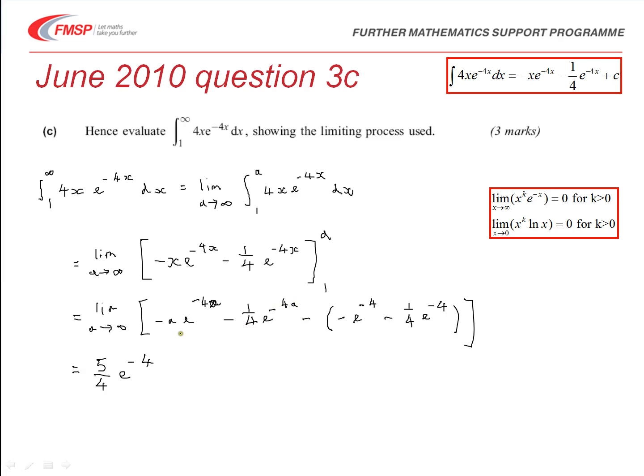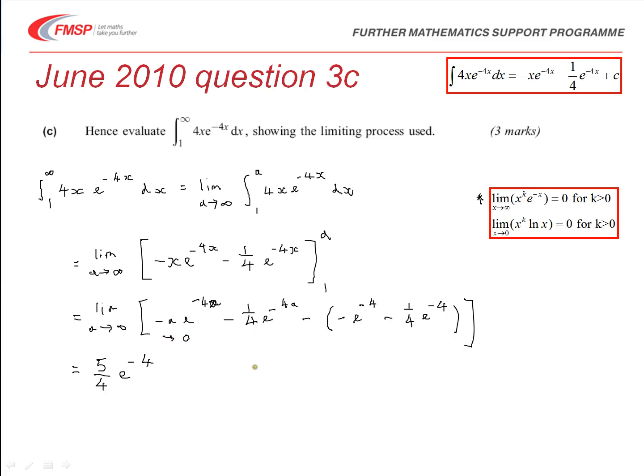So in the first case, one of the results that we need to apply or know is that the limit as x tends to infinity of x to the k e to the minus x is 0. So we can state, using that result, that the limit of this part here tends to 0.